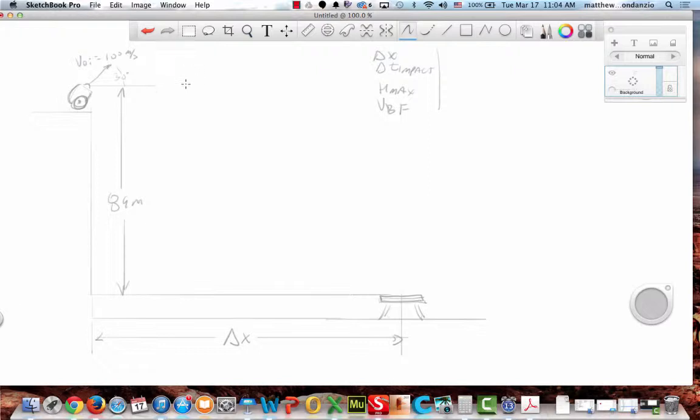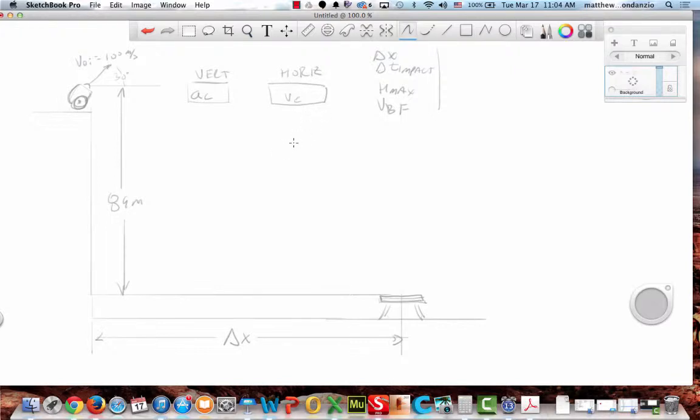We have vertical and horizontal, right? What's the type of motion that we have vertically? Constant acceleration. What about horizontal? Constant velocity, because we have no air resistance, and we negate that, okay?